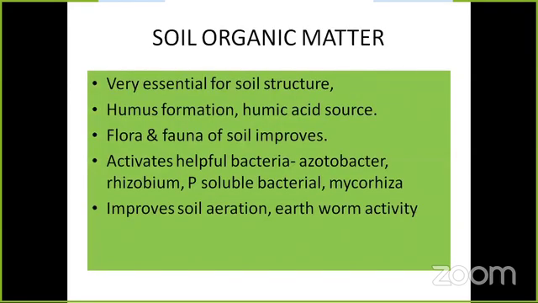So now let us move to something else, that is soil organic matter. In nutritional management of horticulture crops or even field crops, organic matter is very essential. Generally, organic matter is available in less quantity today in the farms because there is less animal husbandry activity, and the farmers are also not taking more interest in producing organic matter.